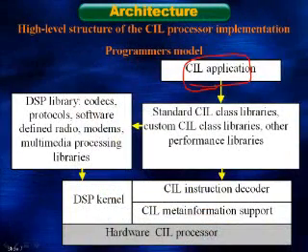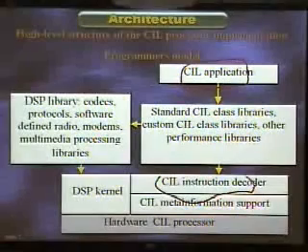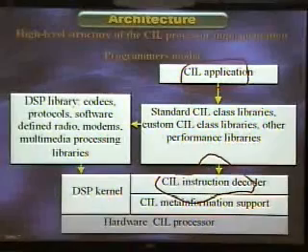This is a high-level structure of the CIL processor implementation, the programmer's model. The CIL instruction decoder is intended for direct execution of business application code downloaded from the internet. This is our application distributed from the internet, with the CIL instruction decoder, standard CIL class libraries and so on.